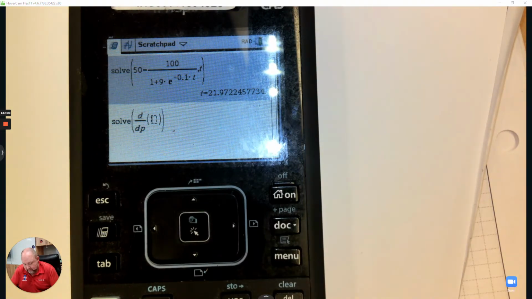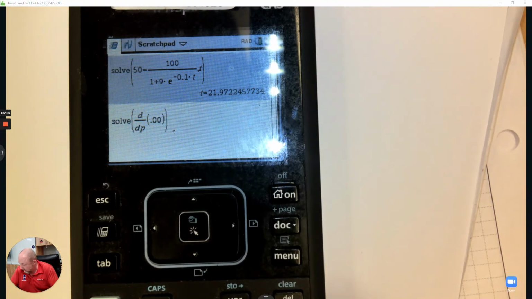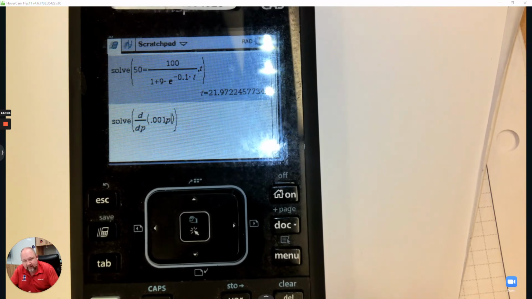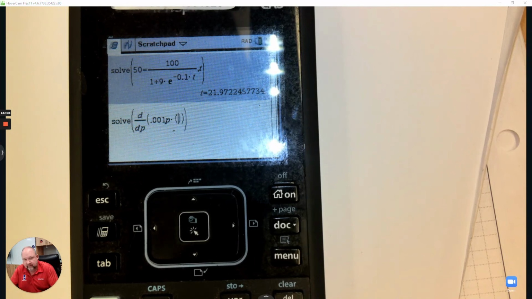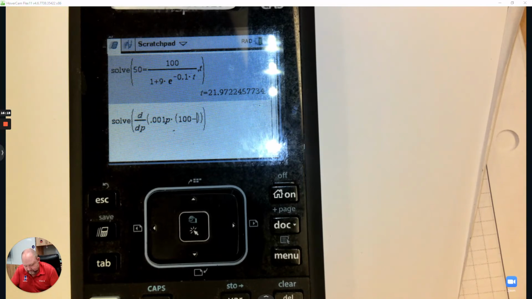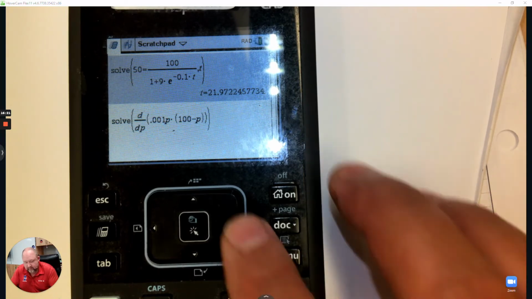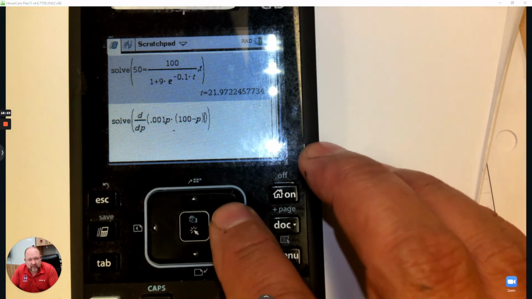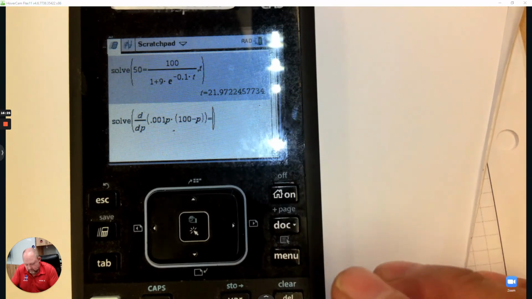And then we're going to type in 0.001 p. Now, I have to go times and then parentheses. So it won't understand it if I just go 0.001 p parentheses. I need times and then parentheses. And then it's 100 subtract p. Close it. It's already closed. Make it equal to 0.